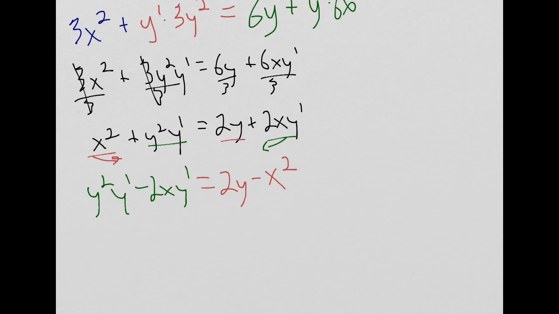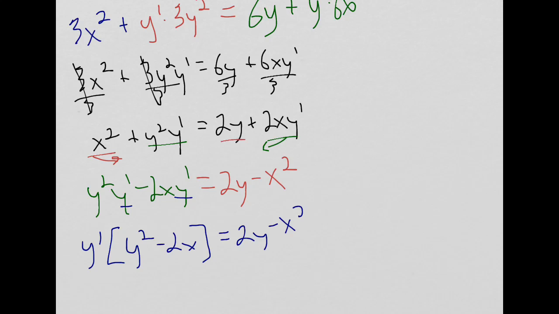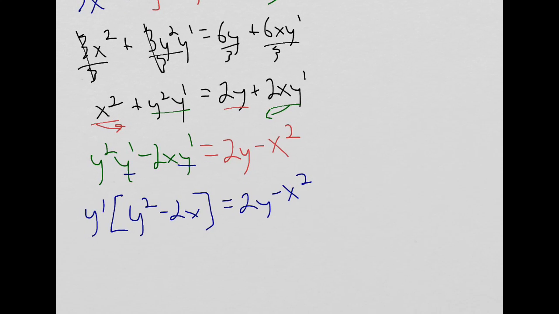So now, massive color coding, I'm going to pull the y prime out: y prime times what's left in there, y squared minus 2x, and then that's equal to 2y minus x squared. And now I just have to divide by that bracket. So I'm going to divide by this and divide by that on this side, so that it cancels out.